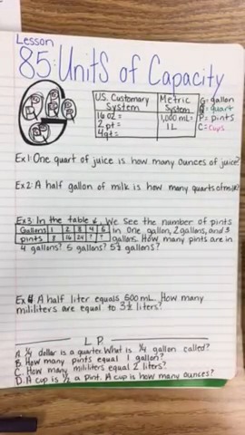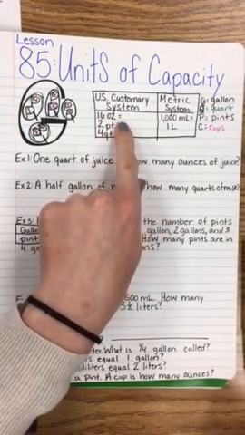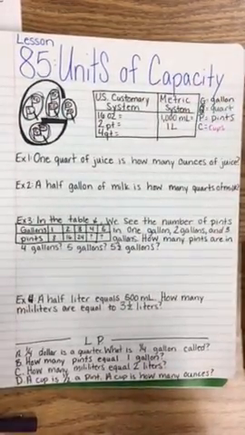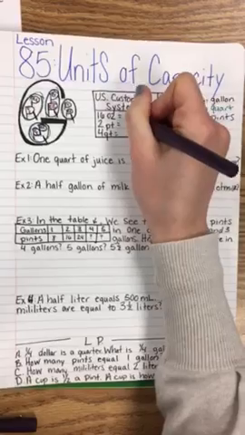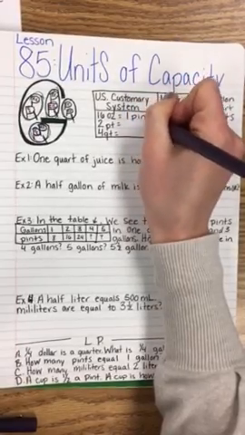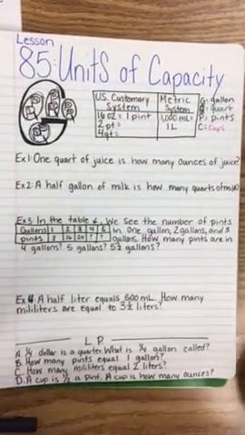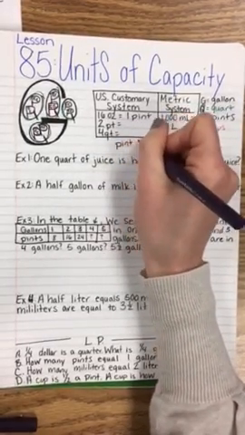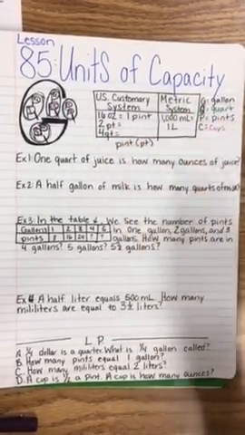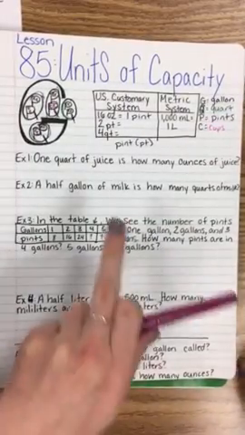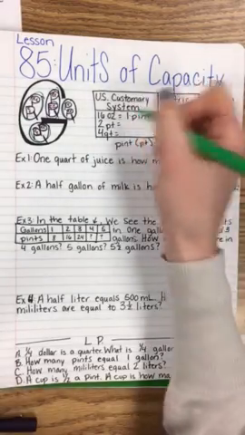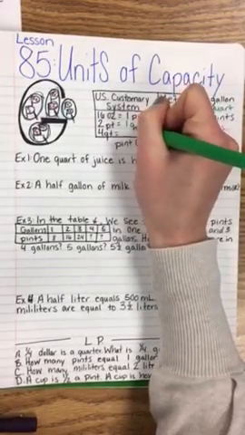All right, so 16 ounces equals 1 pint, and pint is PT, and 2 pints equal 1 quart.